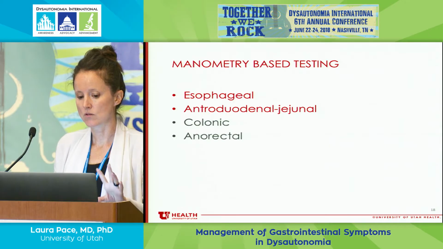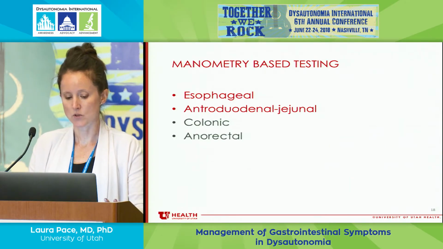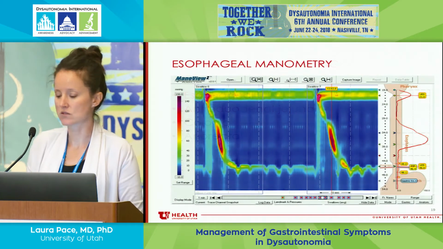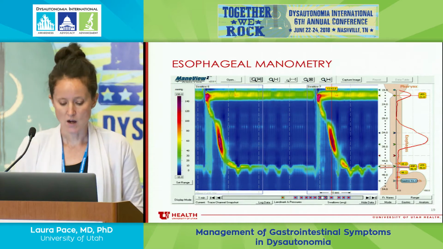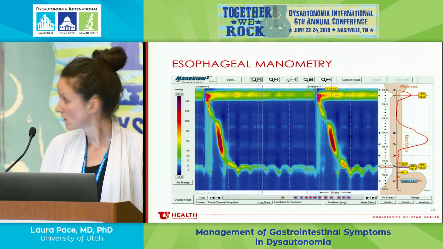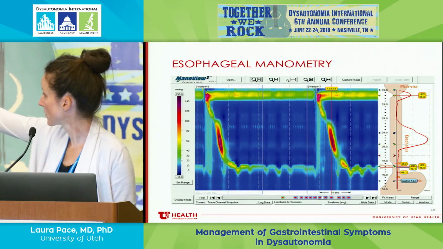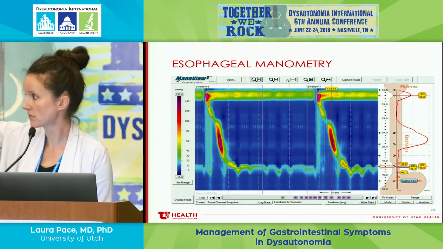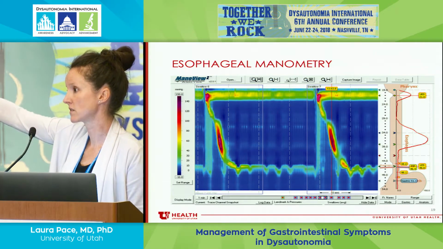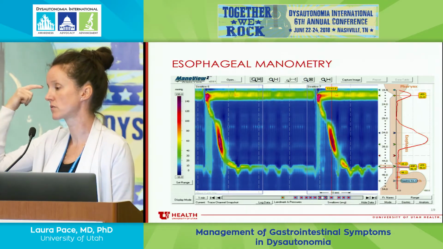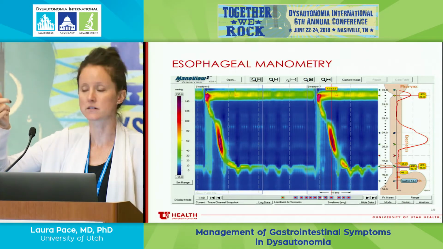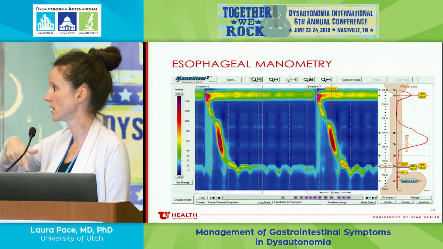So I'm just going to give you the first example, which is esophageal manometry. Just to take you through this, you can see the diagram of the esophagus on my left, and then you see the pressure measurements. The catheter is placed through the nose, many of you may have already had this, through the esophagus, and it terminates in the stomach.